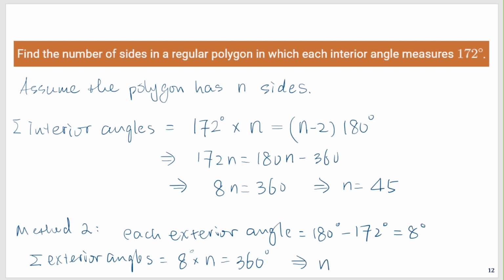And therefore you could also solve n equals 45. Did you get it, Amber? Okay, good. All right, have a look at the solution here. Any questions, just let me know, okay?